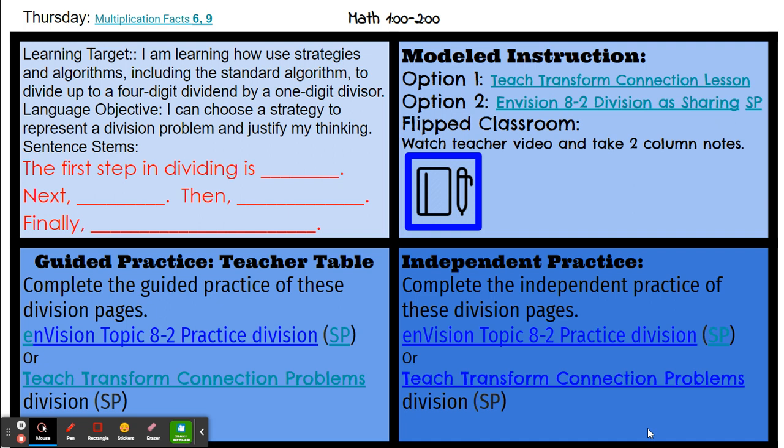And then the envision activity is using base 10 blocks and making groups to do division. So let's get started.